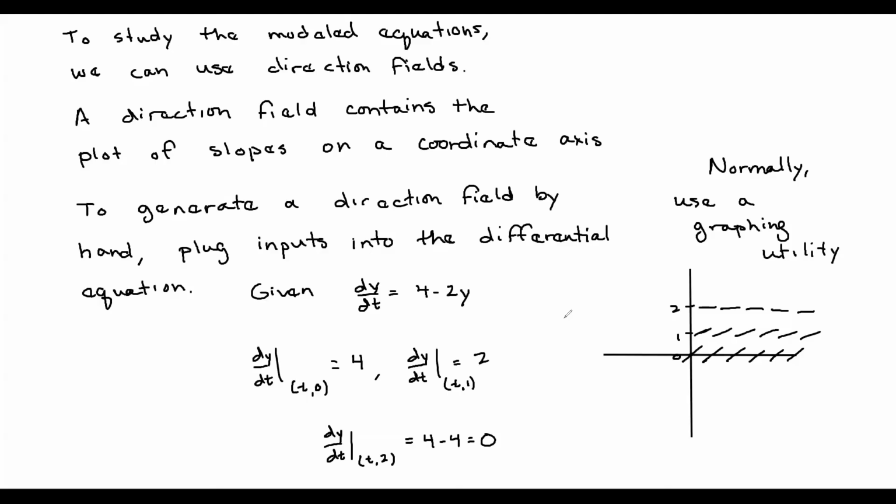So let's just jump back over to the whiteboard here for a second. All right, so the equilibrium solution. And that's going to be the solution where you get the horizontal line.